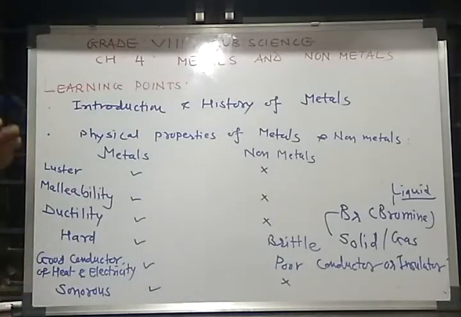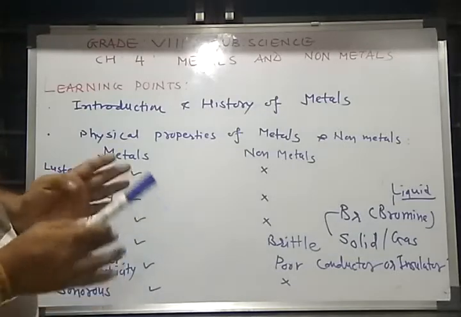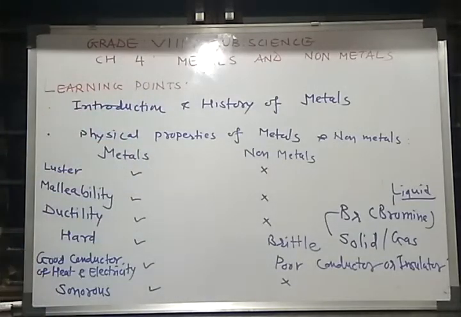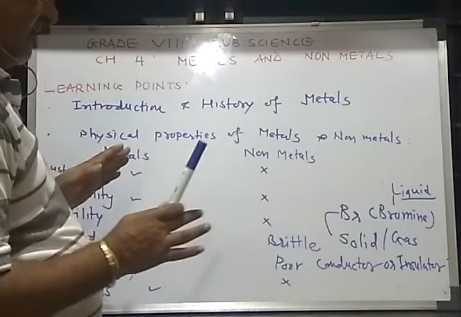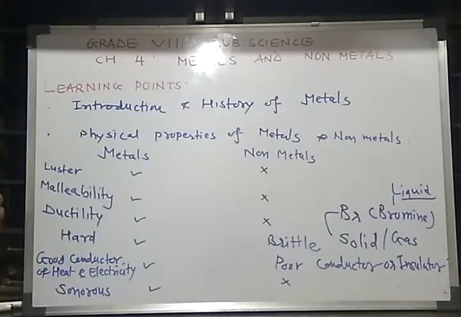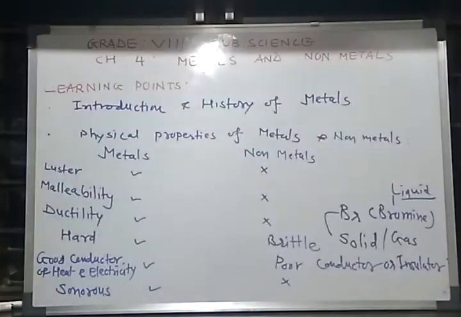Conductor means heat and electricity can pass. In metals, heat and electricity can pass. In non-metals, electricity cannot pass and heat cannot pass. So they are poor conductors of heat and electricity.